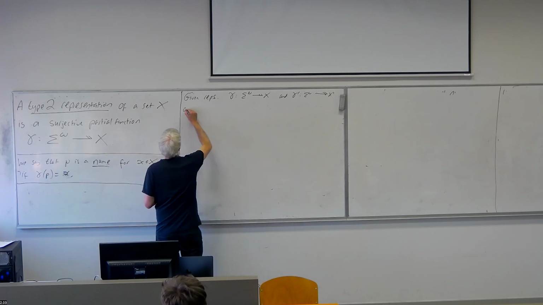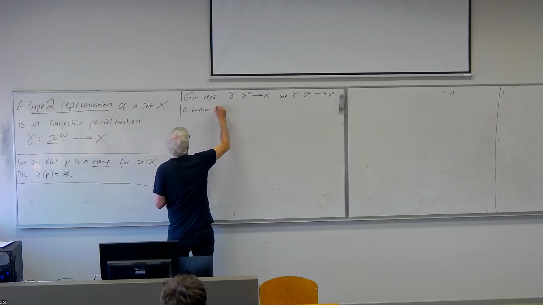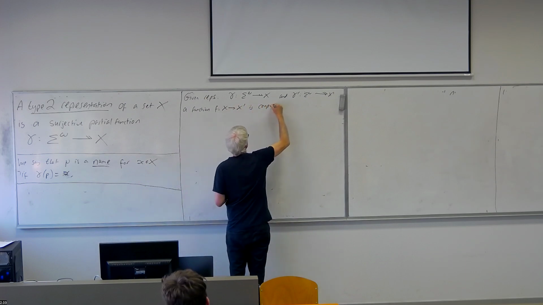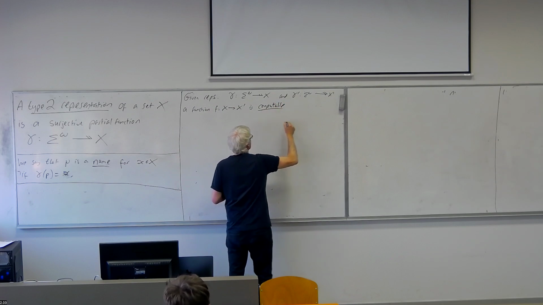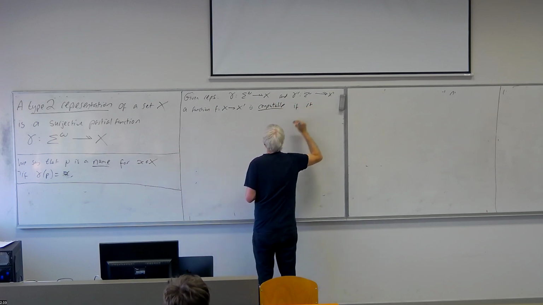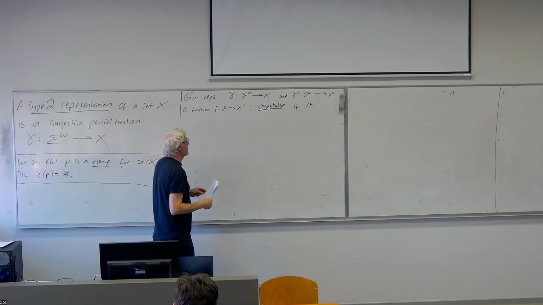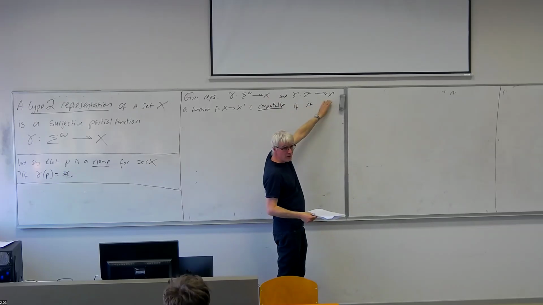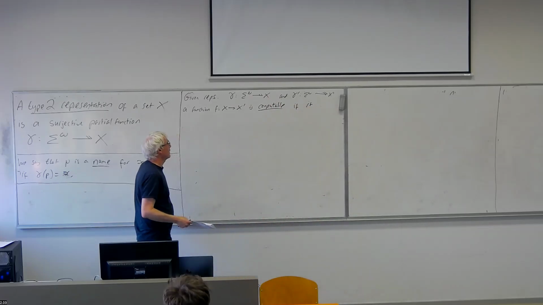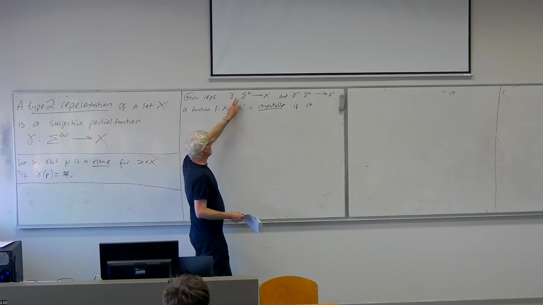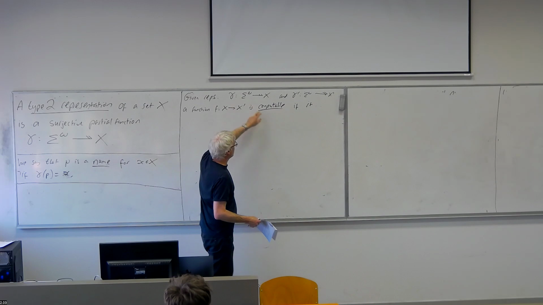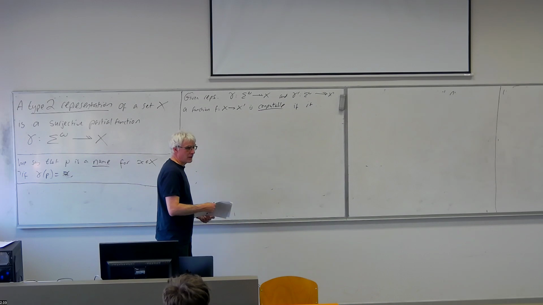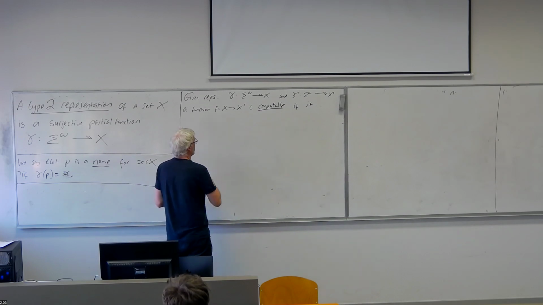We say a function f from X to X prime is computable if... we want to know what it means for a function from the representing set X to the representing set X prime to be computable, and we can reduce that to the notion of a computable function from the set of omega words to itself. We know what a computable function is because that's what we did two lectures ago when we introduced type 2 Turing machines.